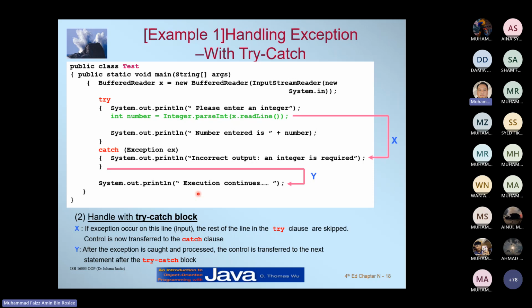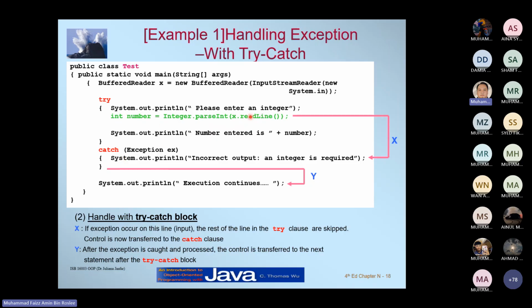If an exception occurs on this line, for example in X over here, the rest of the lines in the try clause are skipped. Control is now transferred to the catch block instead. After the exception is caught and processed, control is transferred to the next statement after the try catch block.